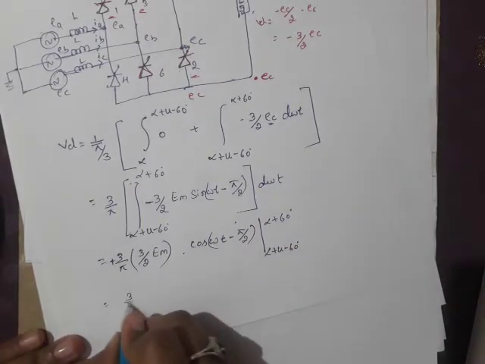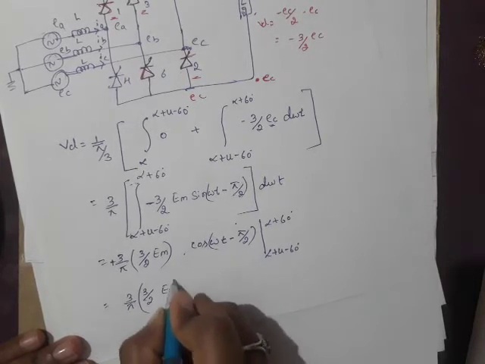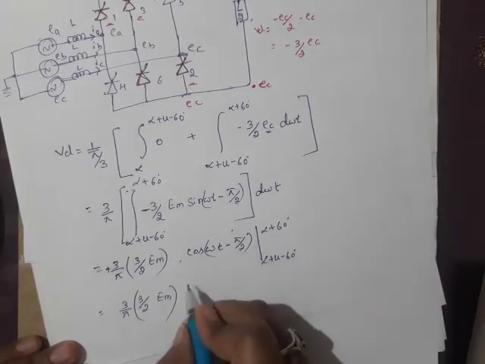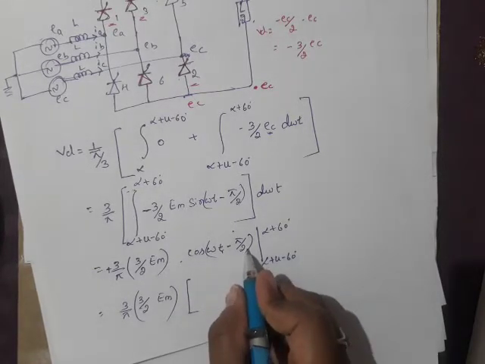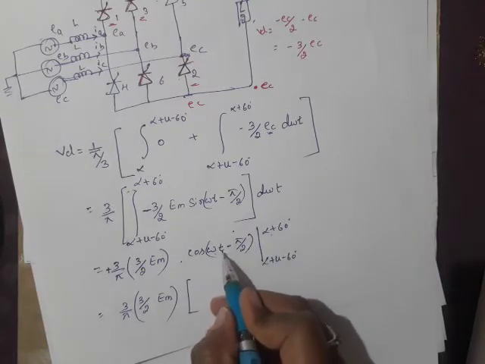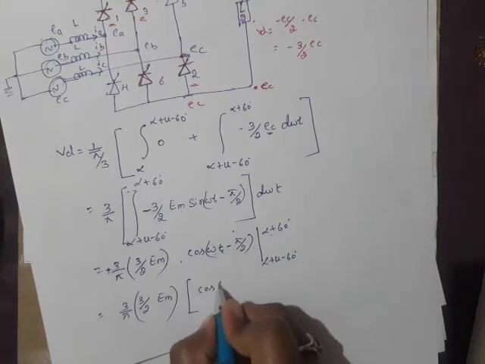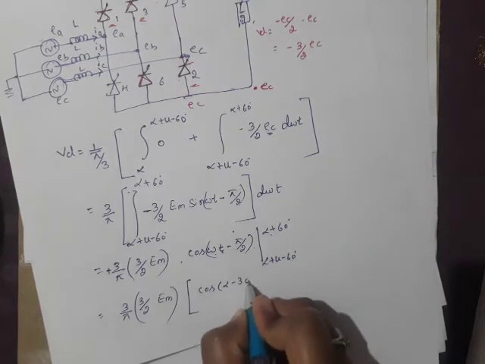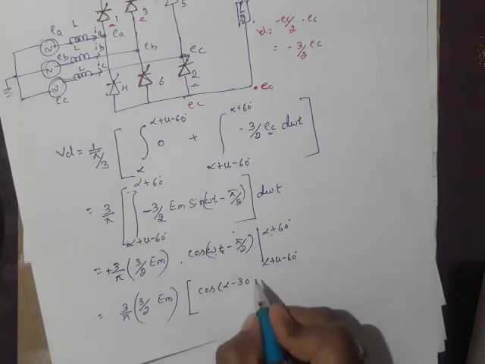Apply the limits. 3 by pi, 3 by 2 Em. First the upper limit: cos of omega t minus 90, where omega t is alpha plus 60. Cos of alpha plus 60 minus 90 will become cos of alpha minus 30, since minus 90 plus 60 is minus 30.